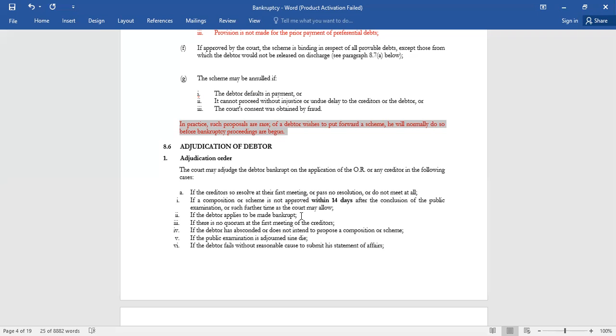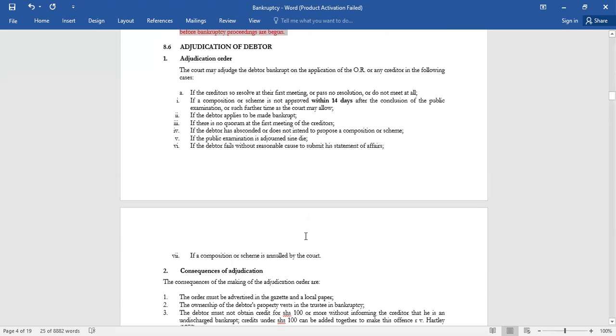Or if the debtor fails without reasonable cause to submit his statement of affairs. If the OR is requesting you to list what you own to see whether you are indeed bankrupt and you refuse to cooperate, the court will go ahead and adjudge.